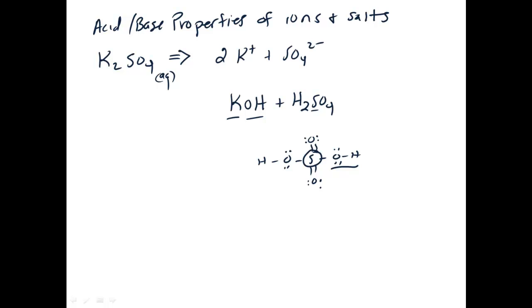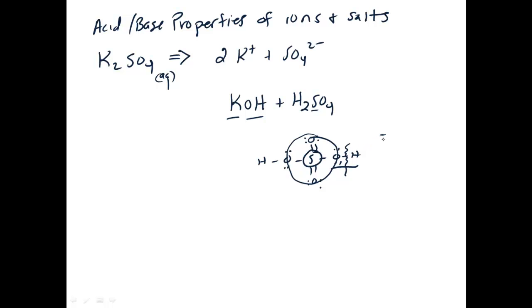What makes it an acid is this hydrogen loses its electron to this conglomeration here because of the electronegativity of oxygen, and it breaks off as a hydrogen ion. So that's what makes sulfuric acid such a strong acid. That first hydrogen breaks off very easily and reacts with water, or in this case, potassium hydroxide.